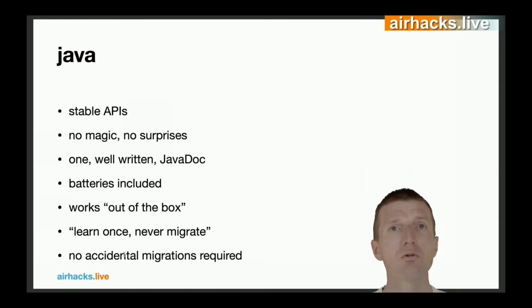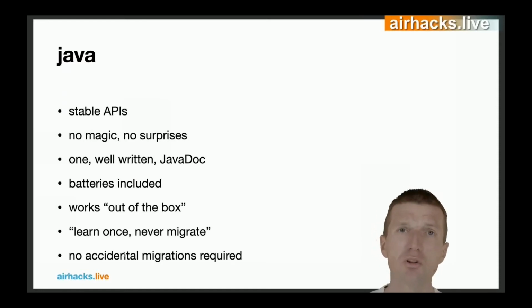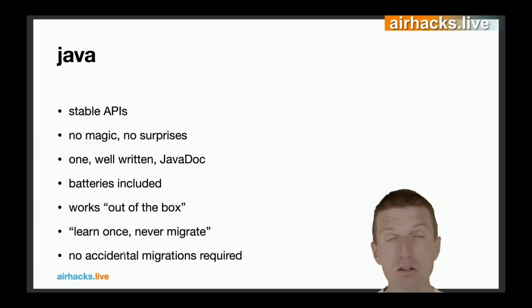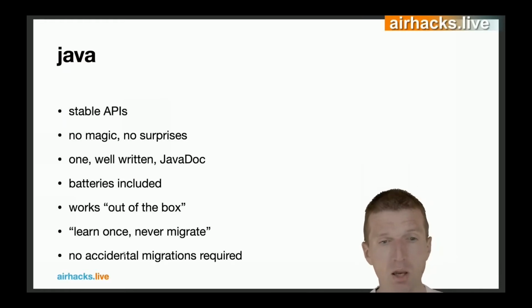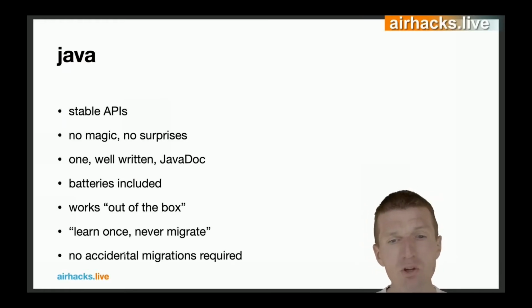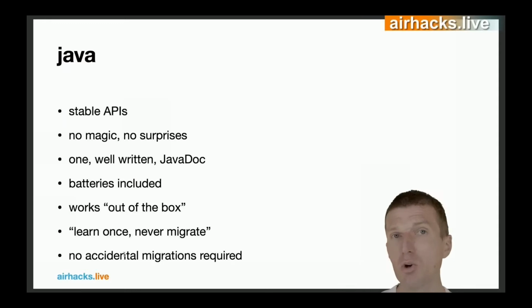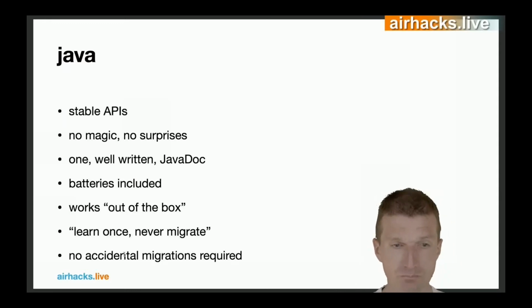If you would like to present someone a hello world, you need vi or a text editor, download the JDK, and you're ready to go. It works out of the box. Learn once, never migrate, my favorite, so you don't have to migrate anything. And there are no accidental migrations required or needed, which is actually the impact of the first one.